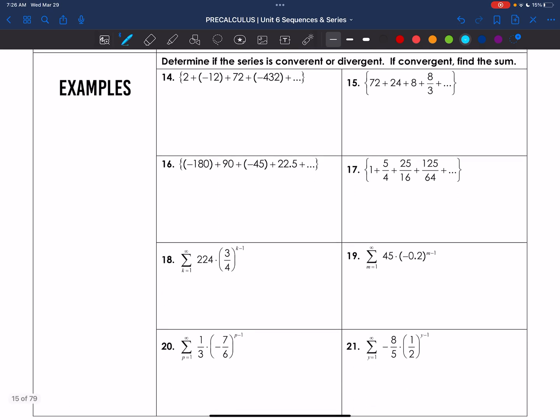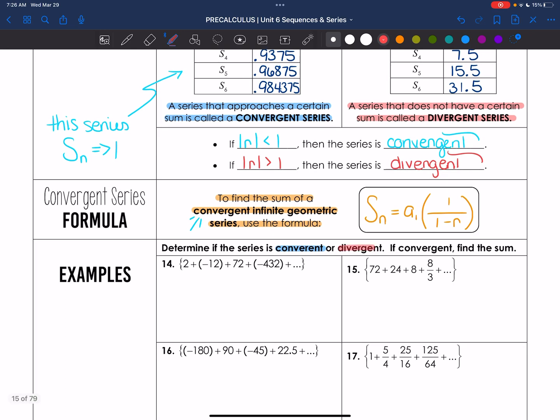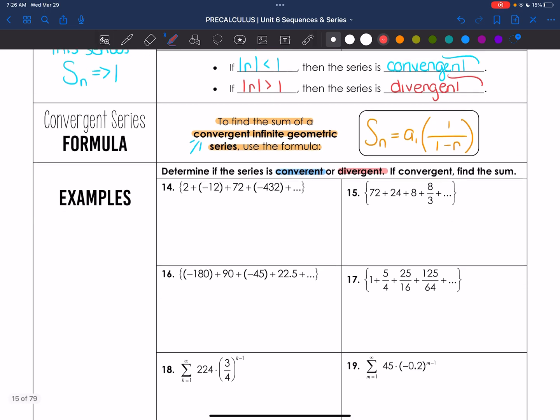So let's determine if these series below are convergent or divergent. Remember, convergent is when we have those r's that are less than 1, and divergent is when we have r values that are greater than 1 when you take their absolute value.